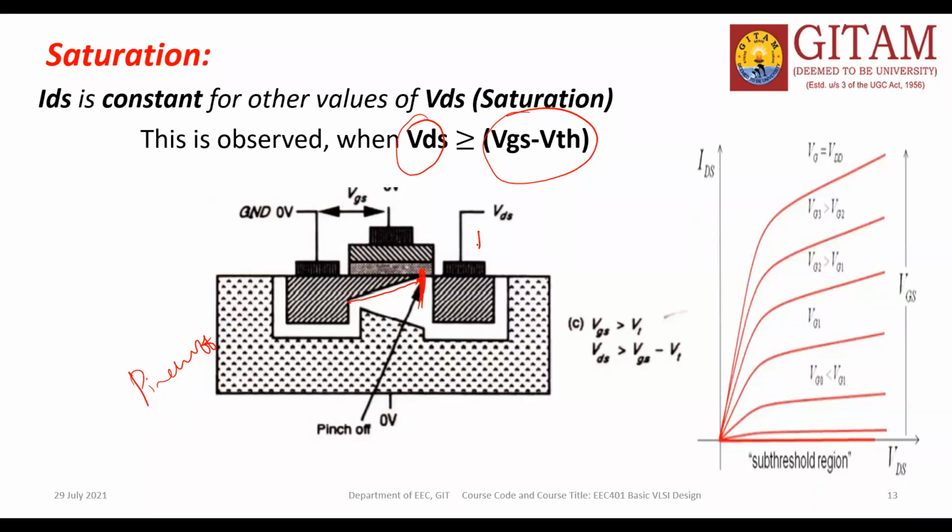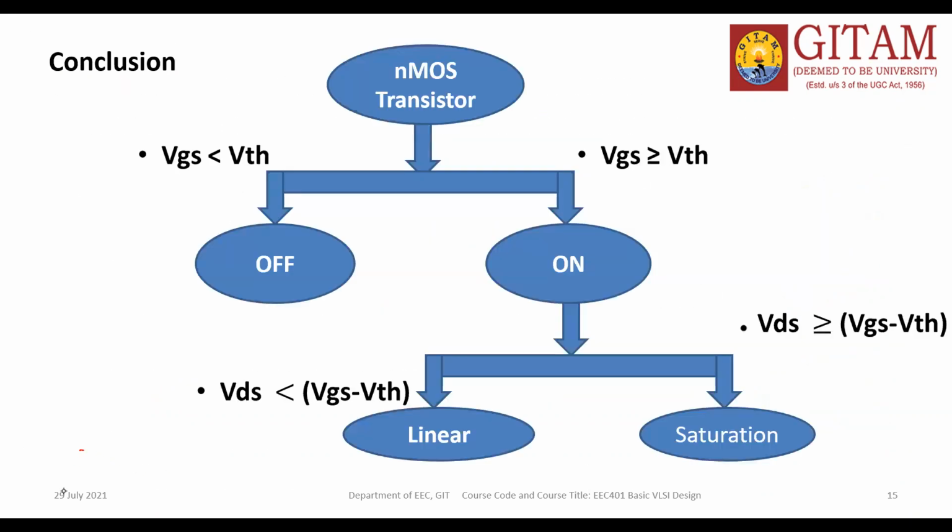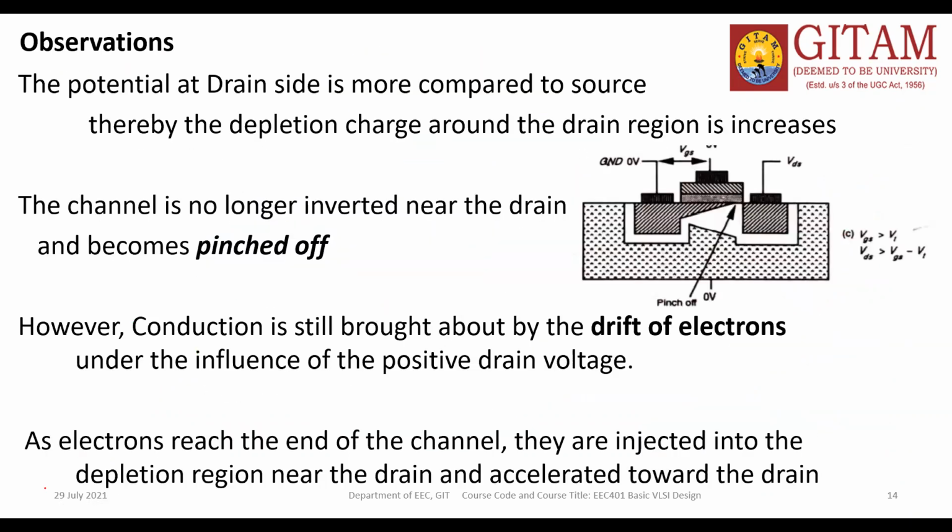Why is it so? When we apply a positive potential, it becomes a reverse bias. Initially there is the depletion space charge region. When you apply more and more positive potential near the drain side, even though no channel is inverted near the drain, the carriers near the drain will be accelerated towards the drain by the drift of electrons.